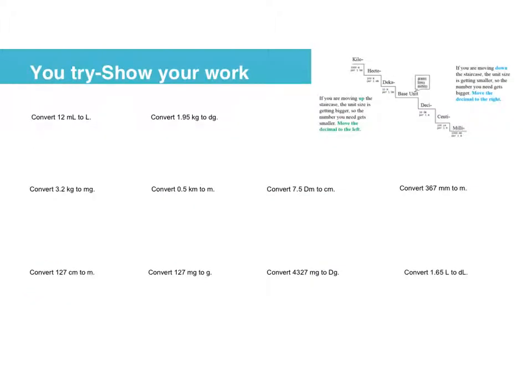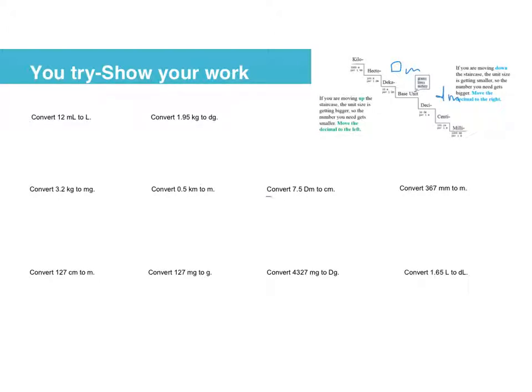So if you want some practice doing this, we've got some examples here. I'll do a couple of them. One quick thing, just because it's only in the small print: deca is abbreviated with a capital D, and deci, if you look in the small print, you can see it underneath there, is lowercase d-m.